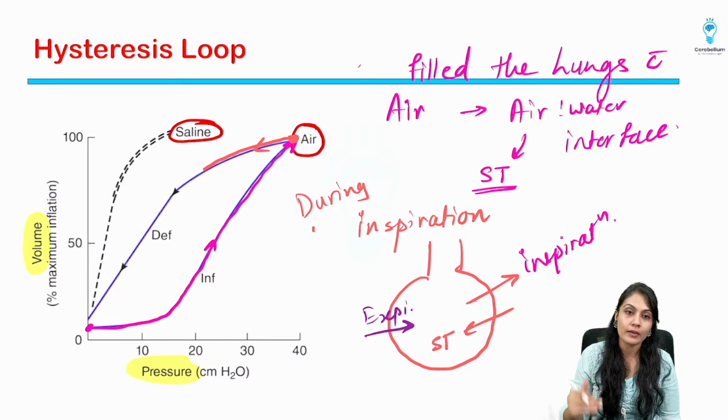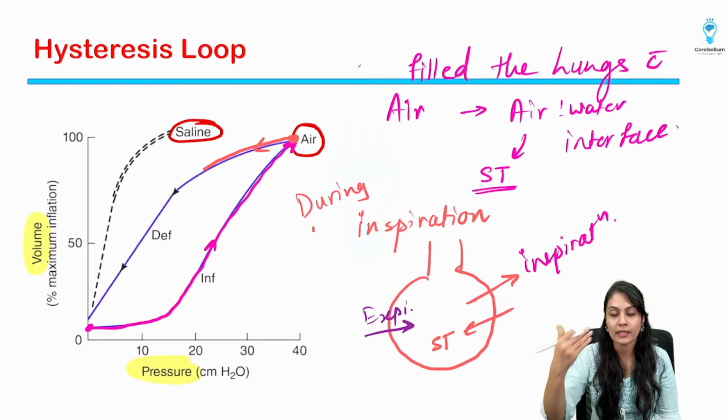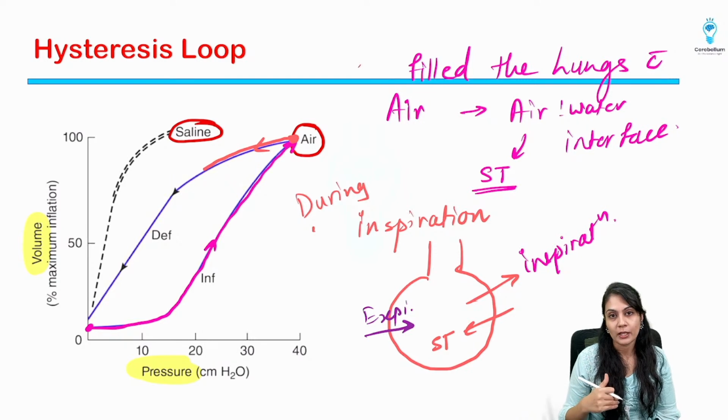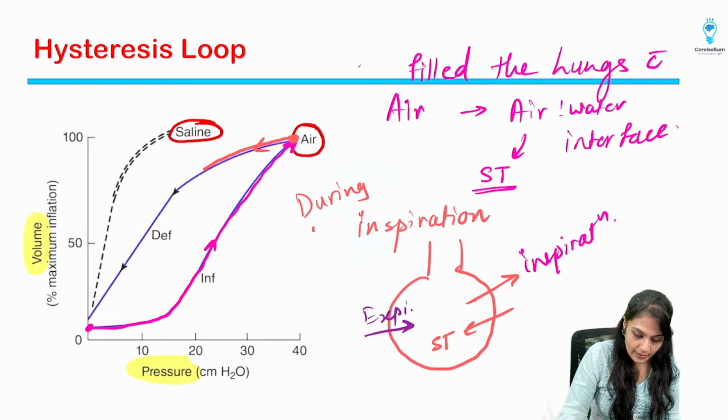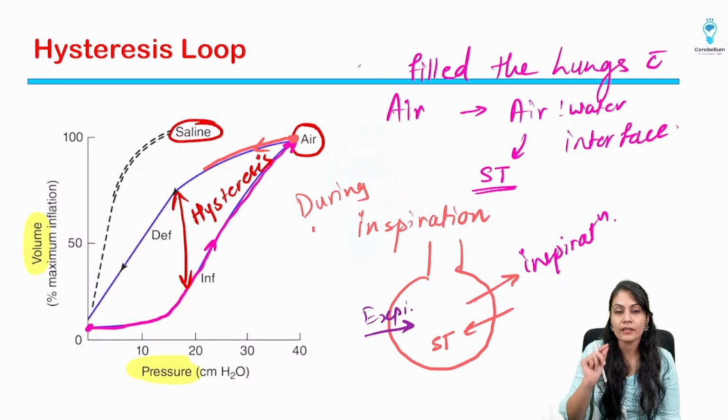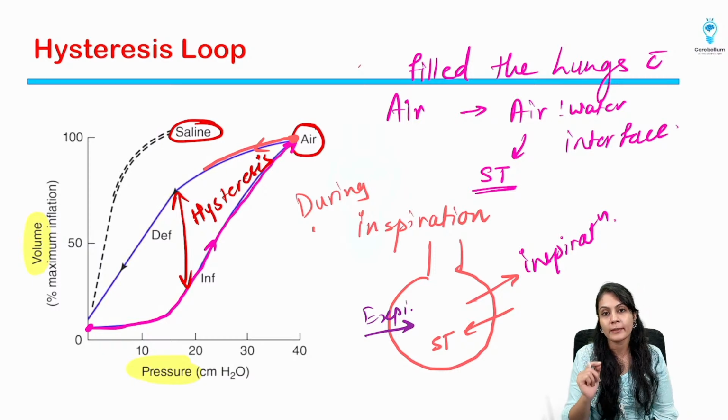And that is nothing but the compliance being much more during expiration as compared to inspiration. This difference in the compliance is known as hysteresis. So this is known as hysteresis, and this is because of the different changes occurring during inspiration and expiration.